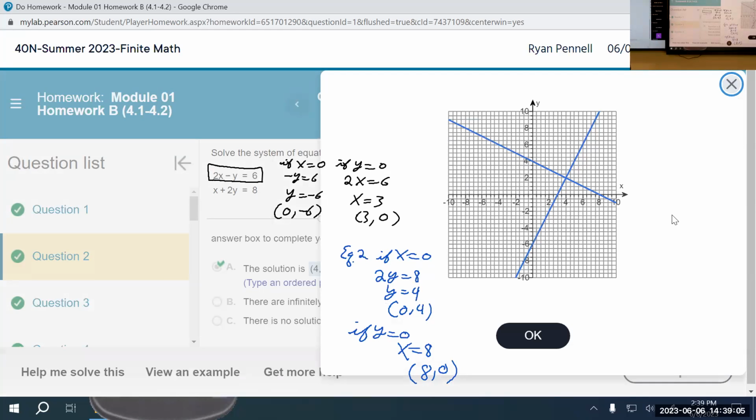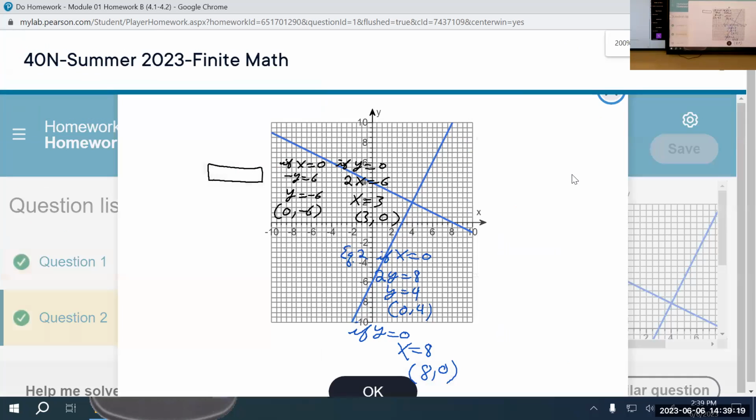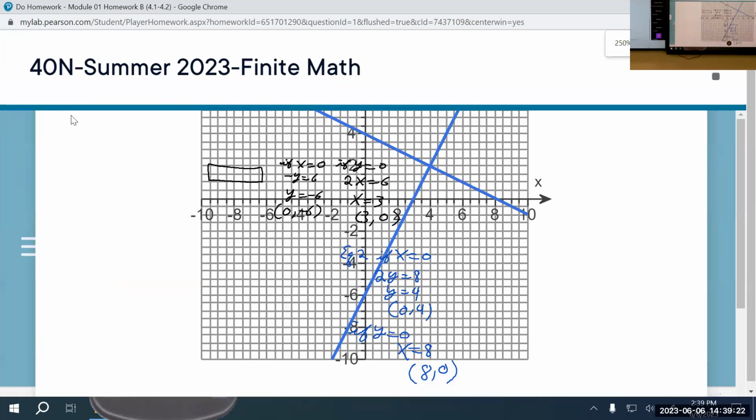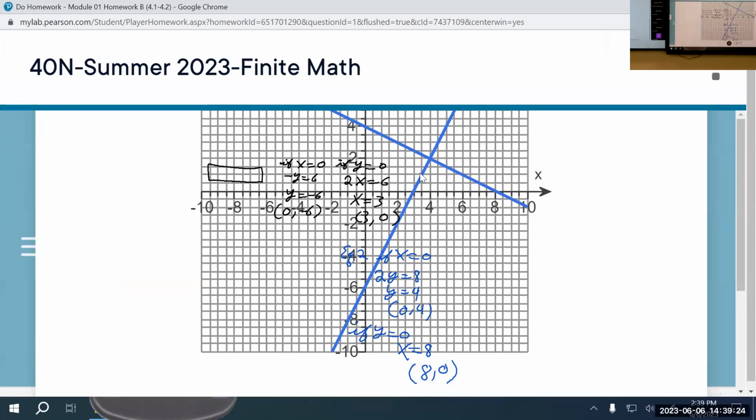Now, where those lines cross, that's the solution to the system. Is that clear enough visually where we can see?